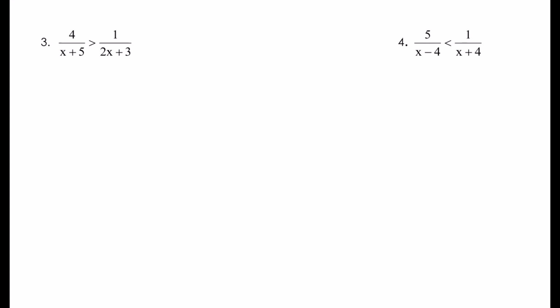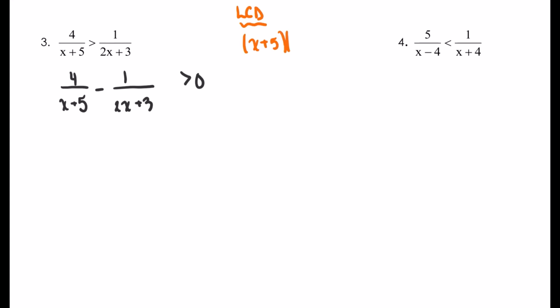All right, number 3. So I have 4 over x plus 5 minus 1 over 2x plus 3 is greater than 0. Okay, notice that my least common denominator here is going to be x plus 5 times 2x plus 3.